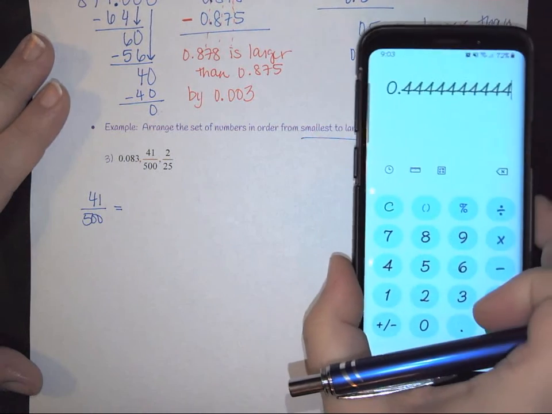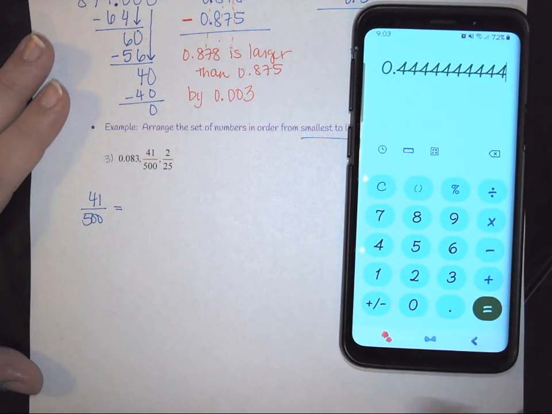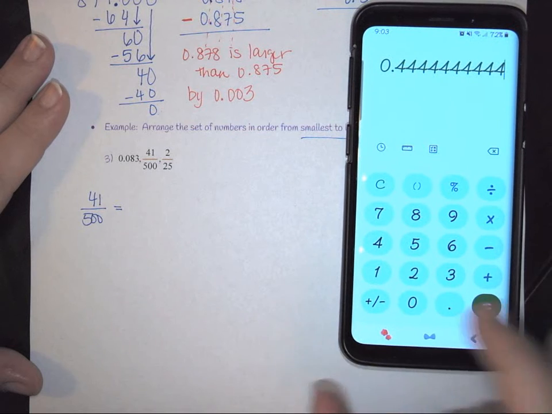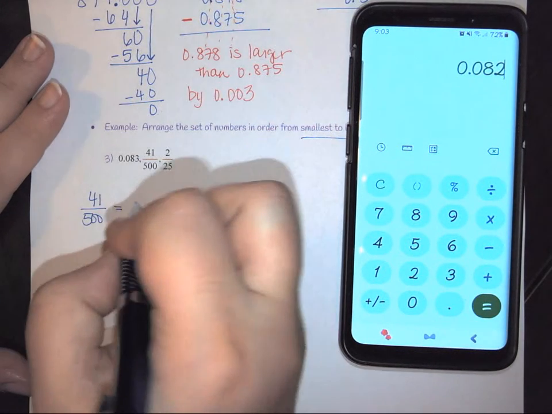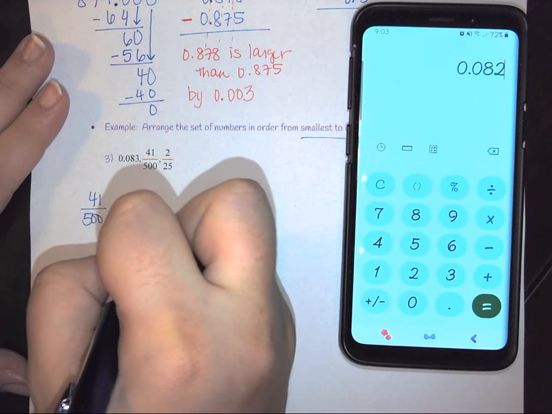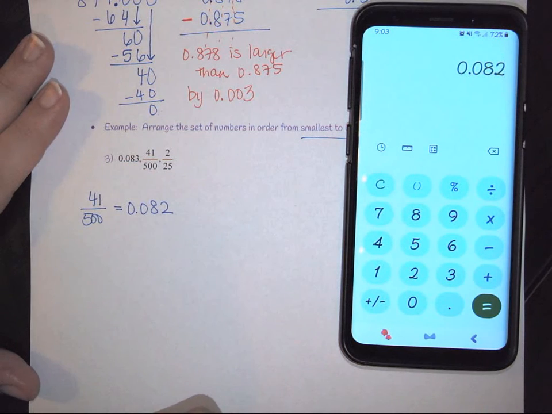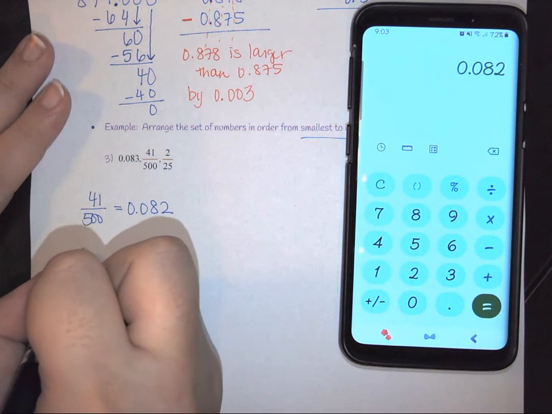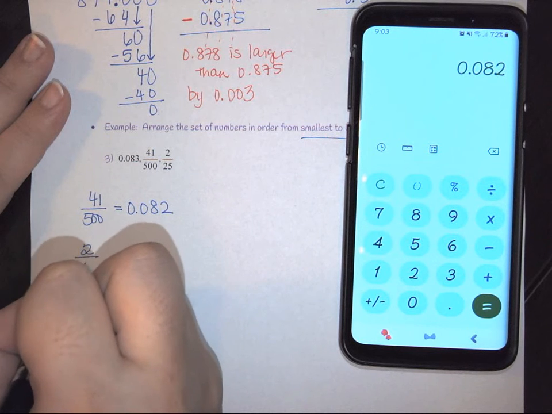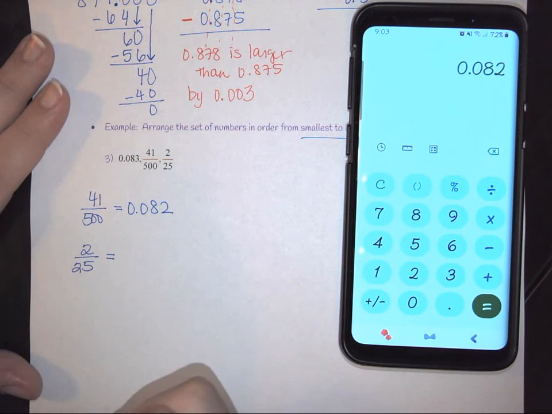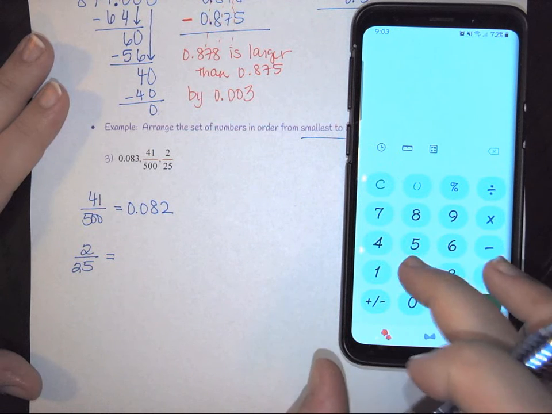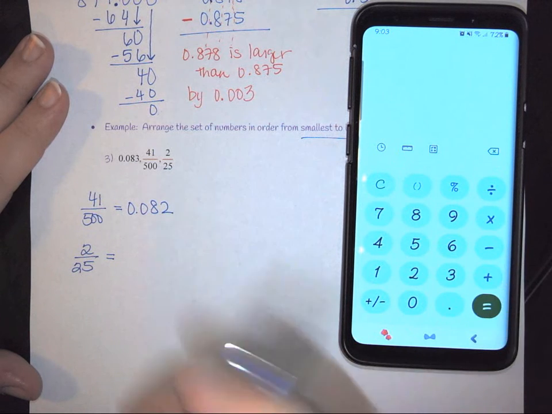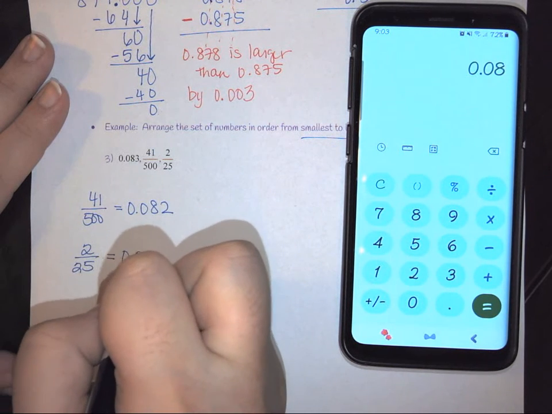Again, we can do it old school long division, or you simply take out your 4-function calculator, and 41 divided by 500 gives you 0.082. Now we need to do the same thing with 2 over 25. So again, you can do it old school, or 2 divided by 25 is 0.08.